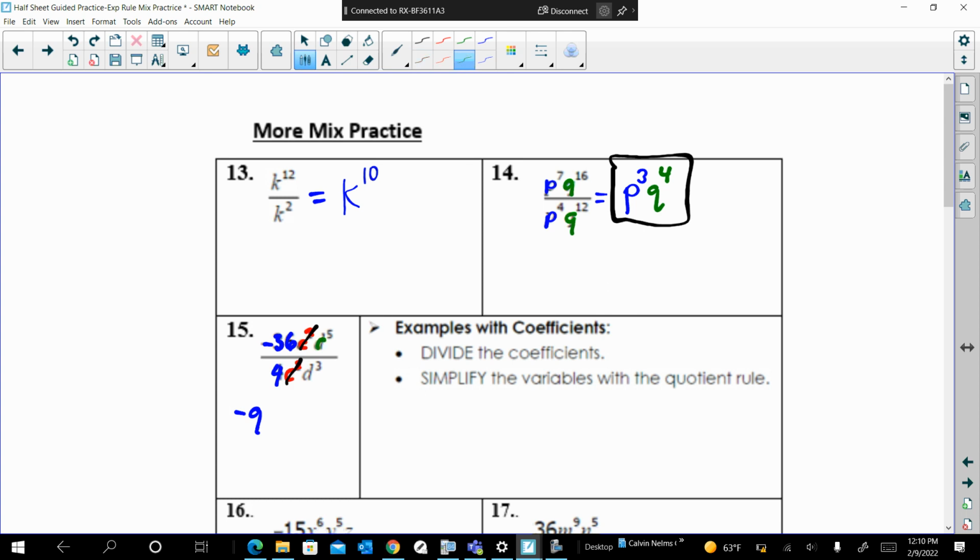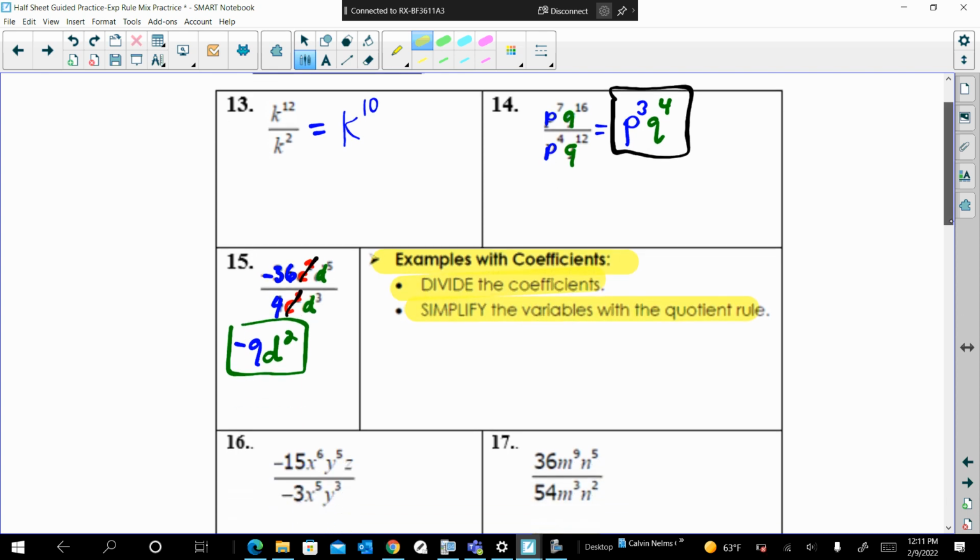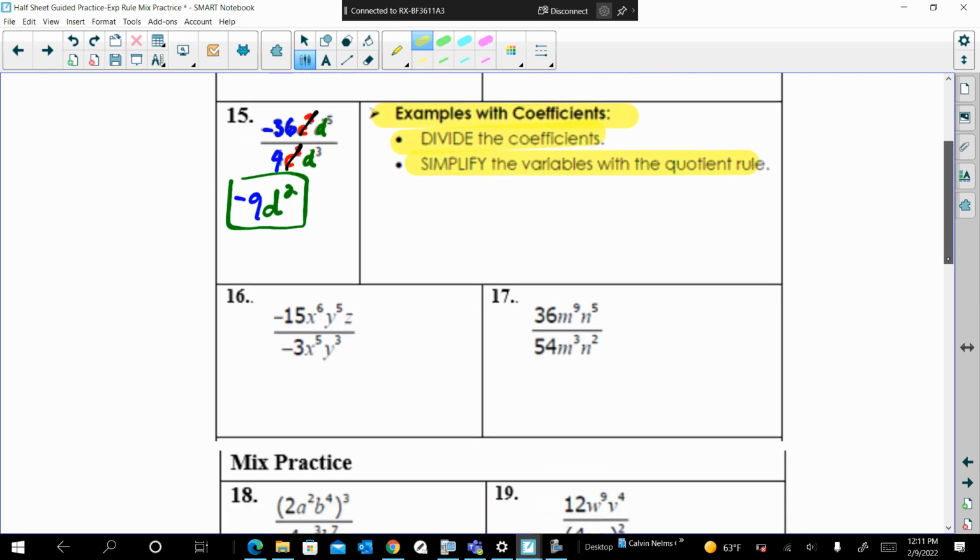D to the fifth divided by d to the third, d to the second, and this is the final answer. So if you have coefficients, just remember to divide the coefficients and then simplify everything else, the letters, the variables, using your quotient rule.